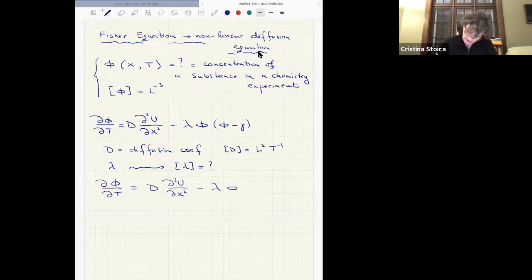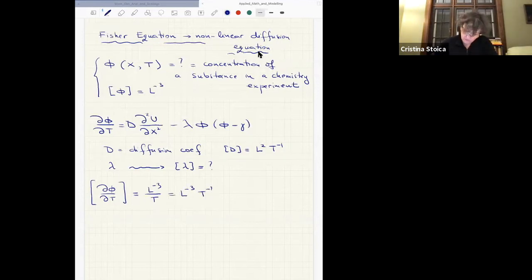So this is phi squared plus... well, I don't have to. So let's think together. The units of d phi dt will be the units of phi over time. The units of phi were L to the minus 3, and then over time, so this is L to the minus 3, T to the minus 1.